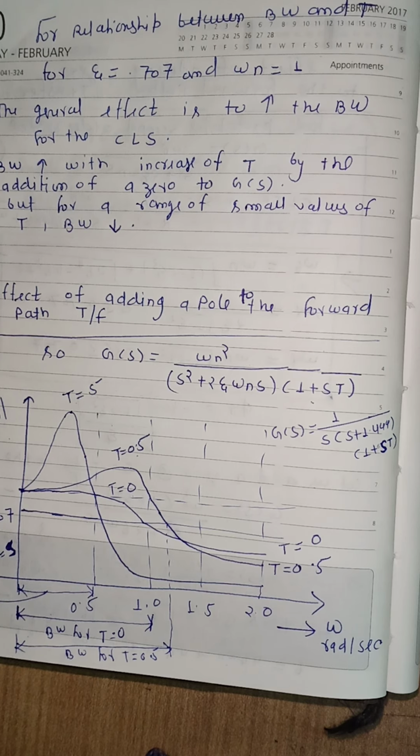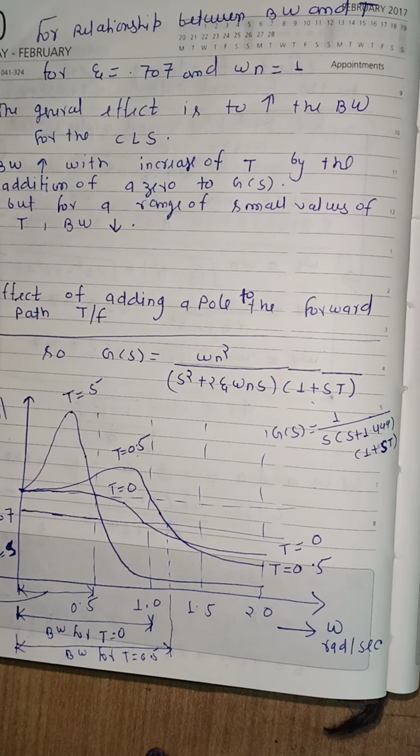And in the second point, we will include the effect on the bandwidth of the system after adding a pole or a zero to the forward path transfer function.